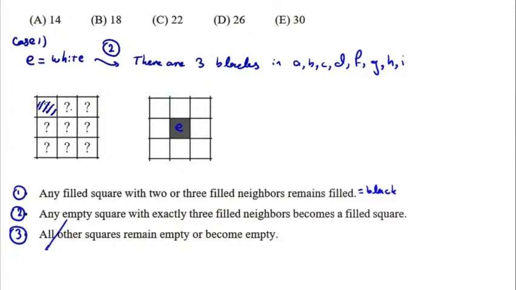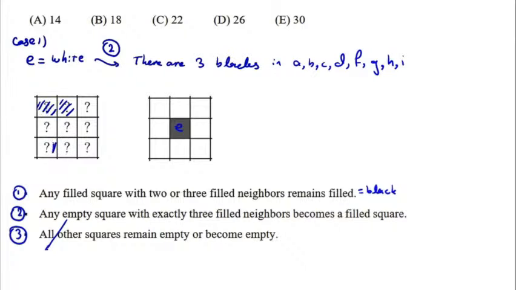If I have 2 adjacent blacks, with adjacent I mean having a common side, then let's see if it is possible or not. Because we have 3 blacks, if it is black then it is bad, because by the first condition this is black and 2 of the neighbors are black. So it cannot be black. Again, if this one is black, then this one has 2 neighbors which will be black. In a similar way, it is not black, because then this one has 2 blacks.